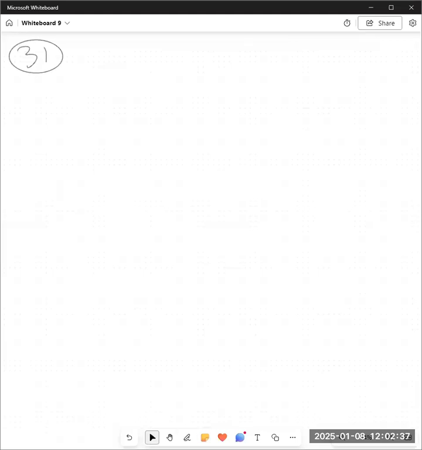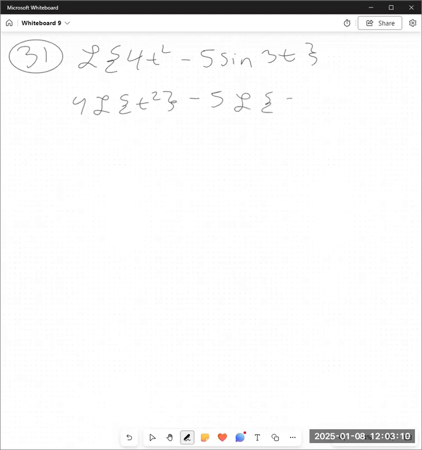The Laplace transform of 4t squared minus 5 sine of 3t. So that's going to be 4 times the Laplace transform of t squared minus 5 times the Laplace transform of sine of 3t.